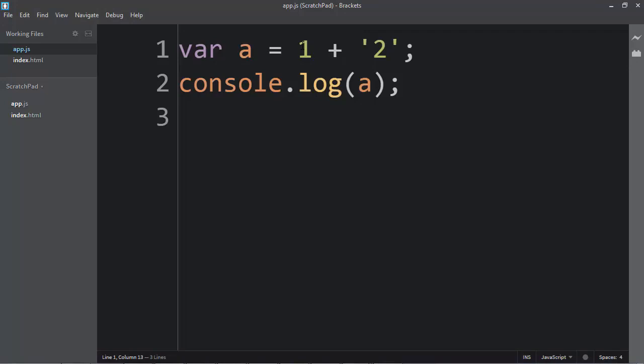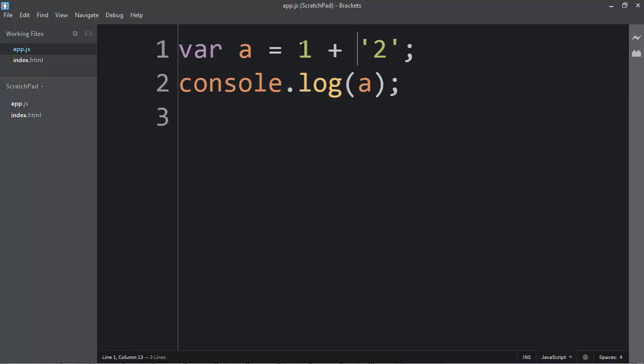And this has a lot to do with the fact that JavaScript is dynamically typed, so it tends to try to convert things to the value that you want, because you're not explicitly telling it what value types should be. This was just happening under the hood of the JavaScript engine.